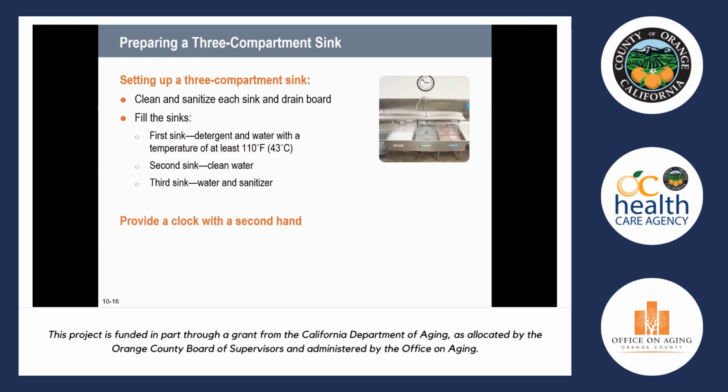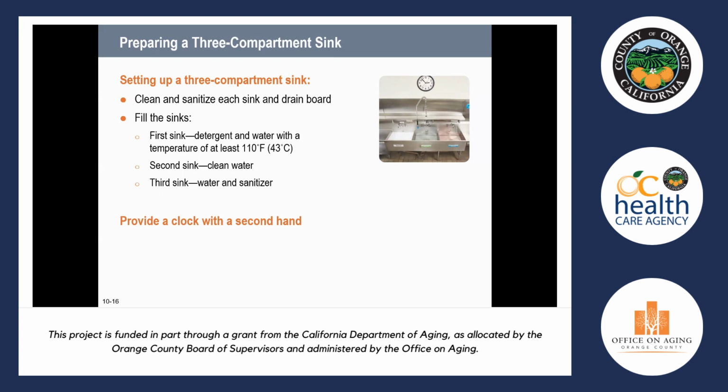Three-compartment sinks must be set up correctly before use. Fill the first sink with detergent and water. The water temperature must be at least 110 degrees Fahrenheit. Follow the manufacturer's recommendations. Fill the second sink with clean water. This is not necessary if items will be spray rinsed instead of being dipped.